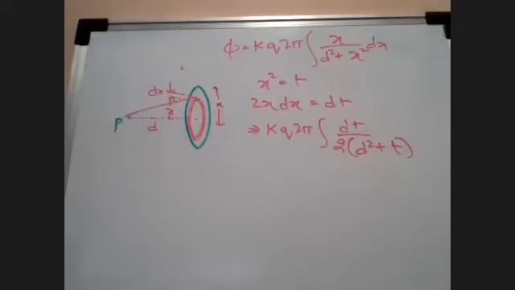Okay. We didn't consider one thing. What didn't we consider? No response. We didn't consider cos theta, no? d phi cos theta. Yes, we didn't consider cos theta. So tell me what will be cos theta now?